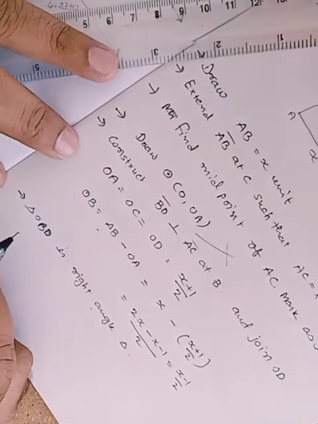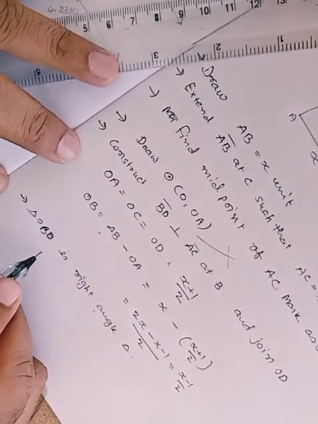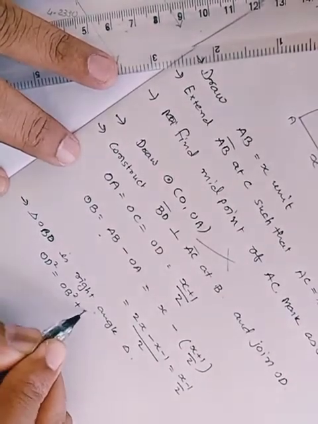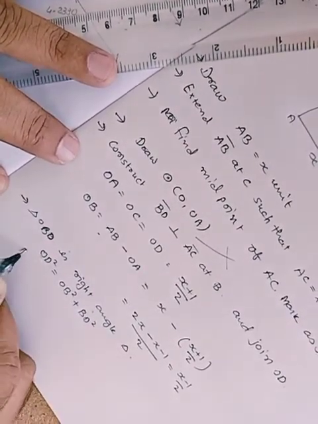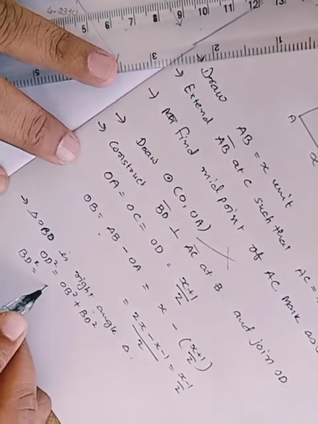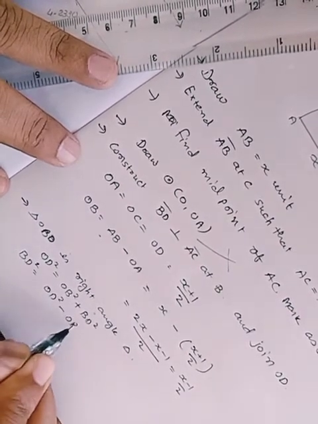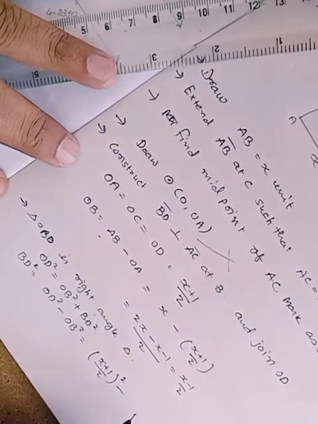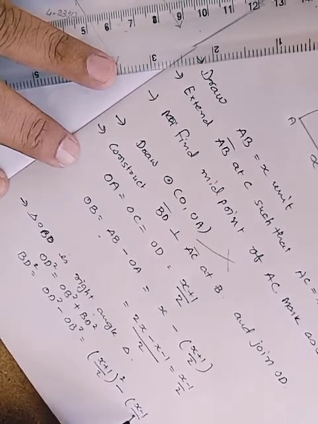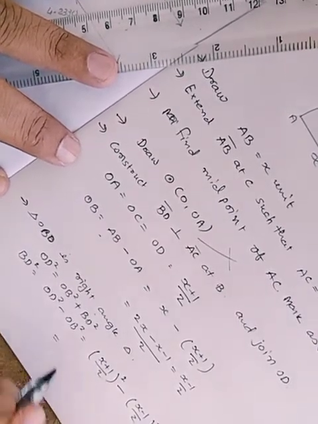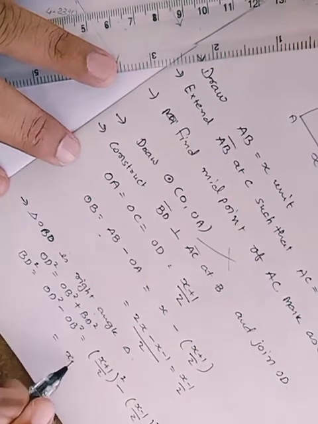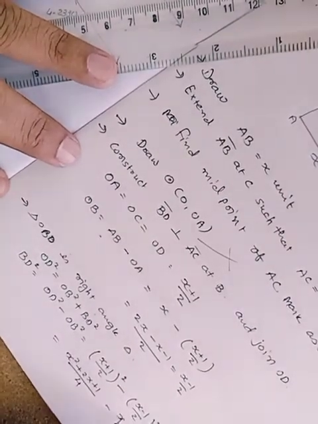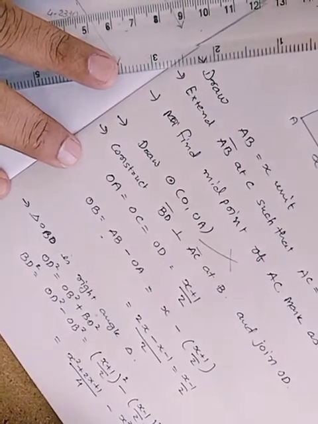And so we can write the Pythagoras formula: OD square equals OB square plus BD square. We want to find the BD length, so BD square equals OD square minus OB square. The OD length is x plus 1 by 2 whole square, while OB square is x minus 1 by 2 whole square. We expand using the a plus b whole square formula: x square plus 2x plus 1 by 4, minus x square minus 2x plus 1 by 4.